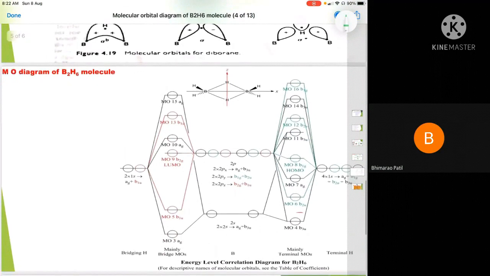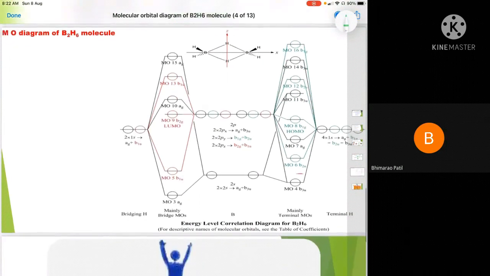And if you consider computational chemistry, and if you draw the molecular orbital diagrams of the B2H6 molecule, here if you consider first the atomic orbitals of the hydrogen, combined to form hybrid orbitals.